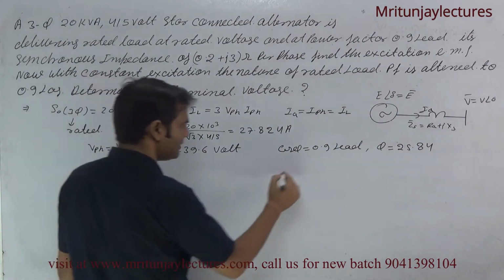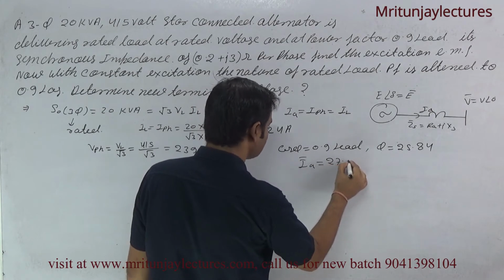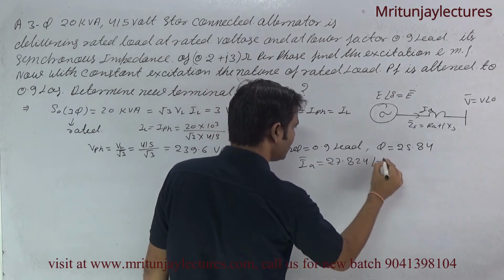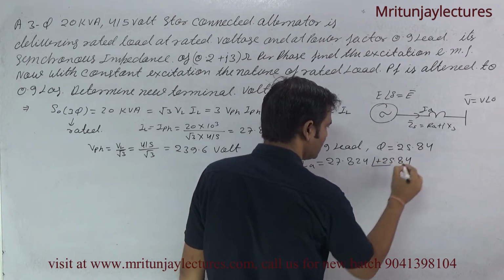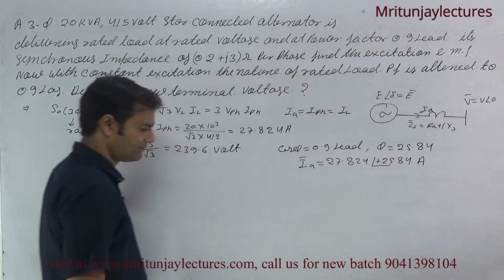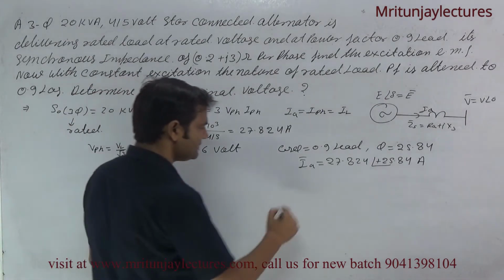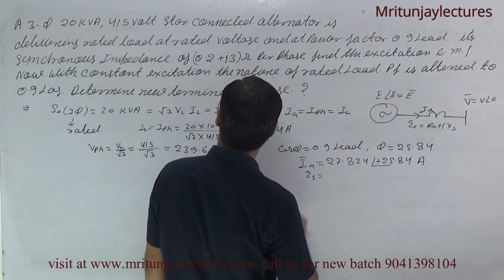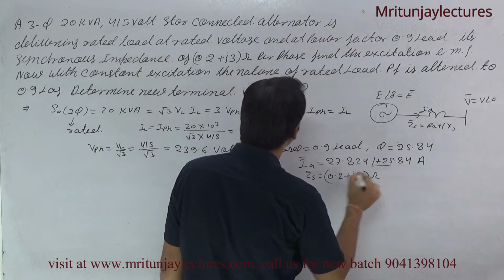So IA in terms of phasor is written as 27.824 at the angle positive 25.84 ampere. Clear? Its synchronous impedance ZS is given as 0.2 plus j3 ohm per phase.